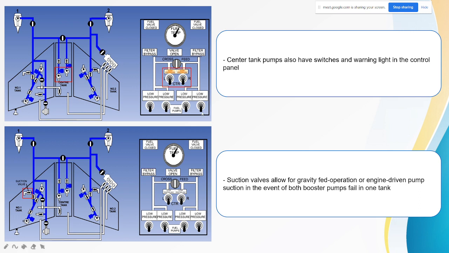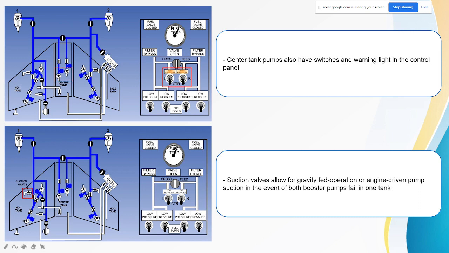The control panel also has a switch for the center tank booster pumps, and same as for the main wing tanks, it also has the warning light indicator. In the fuel system, there is a component located in the wing tanks called the suction valves.